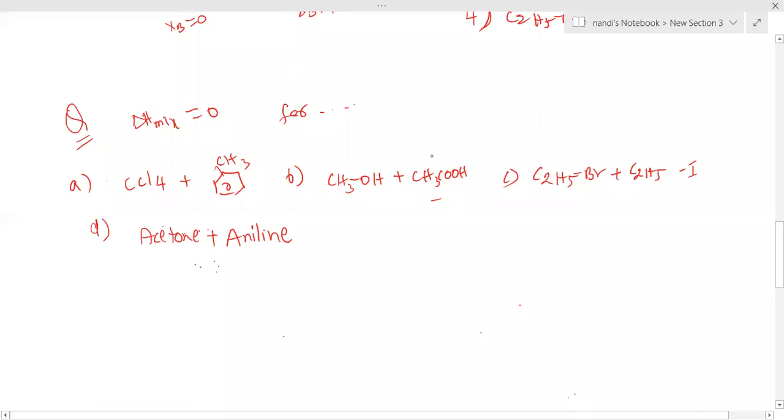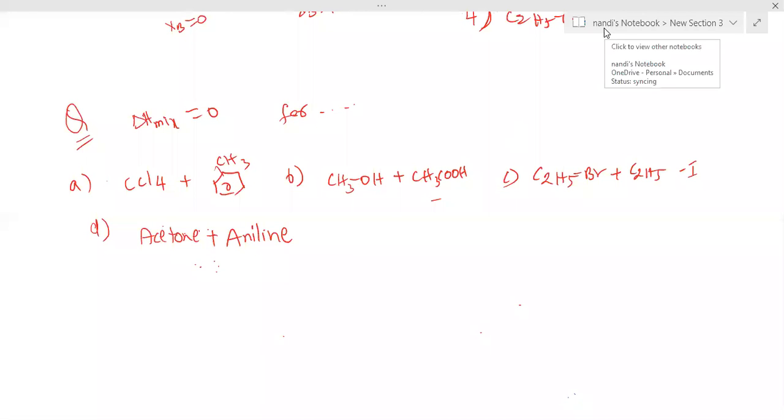Which of the following can show delta H mixture equal to 0? Only five or six answers. What about the remaining people? Why are you not responding?